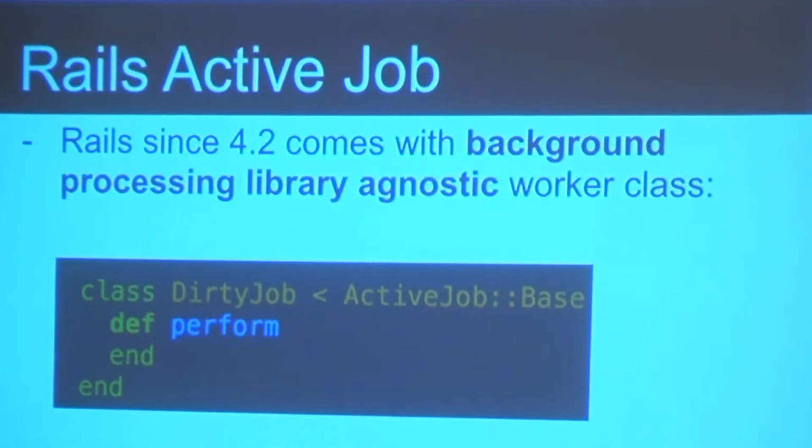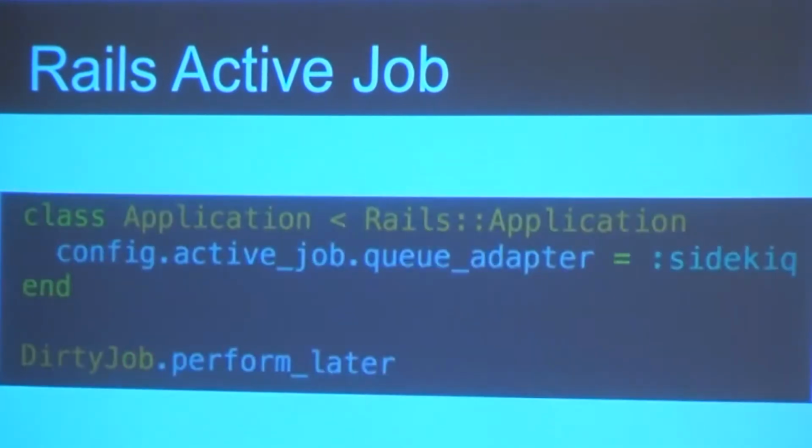You just write your stuff in this perform method, and then you go to your application config and switch whether you would like to use Sidekiq or Resque or other stuff. And then you just enqueue it, and it's working.